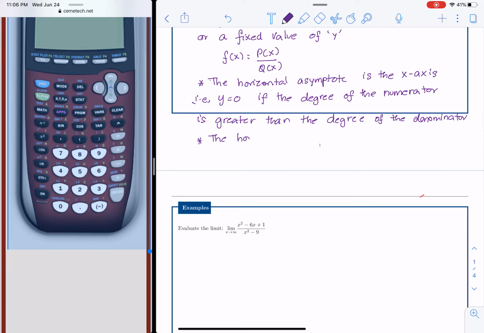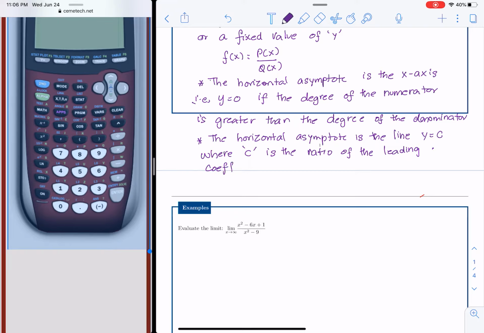The horizontal asymptote is the line y equals c, where c is the ratio of the leading coefficients of p of x and q of x.